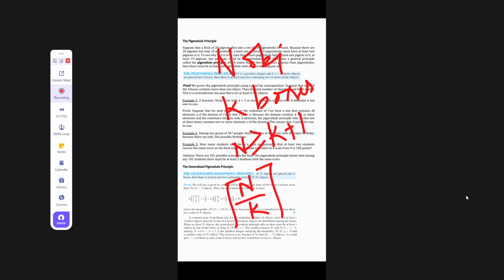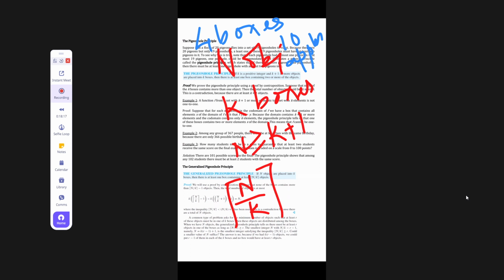Taking that apple example, suppose I have 4 boxes and I have 10 apples. Not 5 apples; if I had 5 apples, this would be the normal pigeonhole. But I have more than 5 apples, I have 10, so this is generalized pigeonhole.